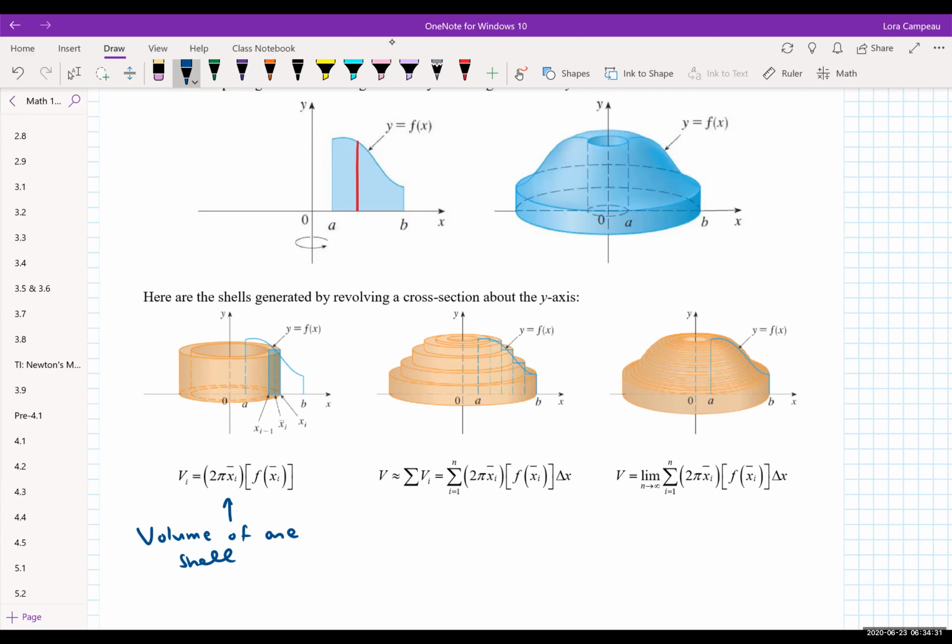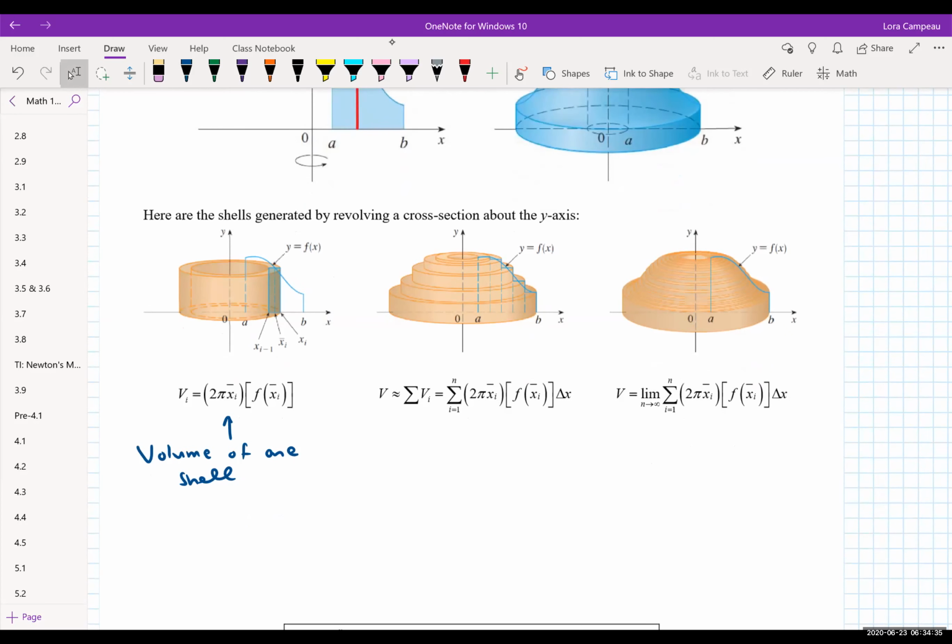If we take more cross sections, like what we're looking at in the middle figure, you end up getting the idea of a few more pieces of paper wrapped within each other. We end up having maybe the volume of a finite number of shells. So we can count how many shells we have.